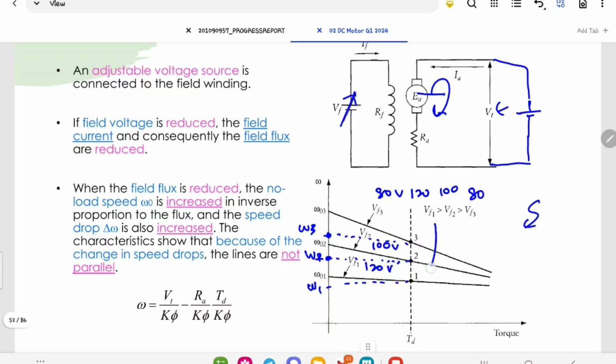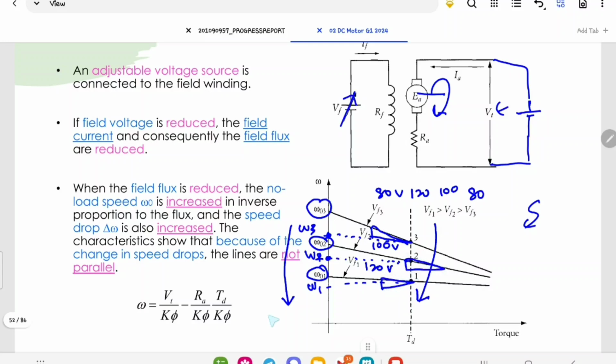The larger the field voltage, the more your motor speed and the no load speed are reduced. Yet it also gives you a different speed drop, a different slope.